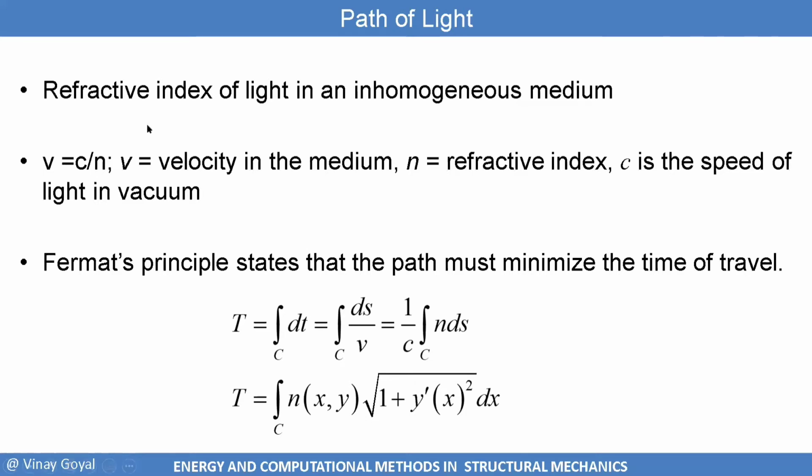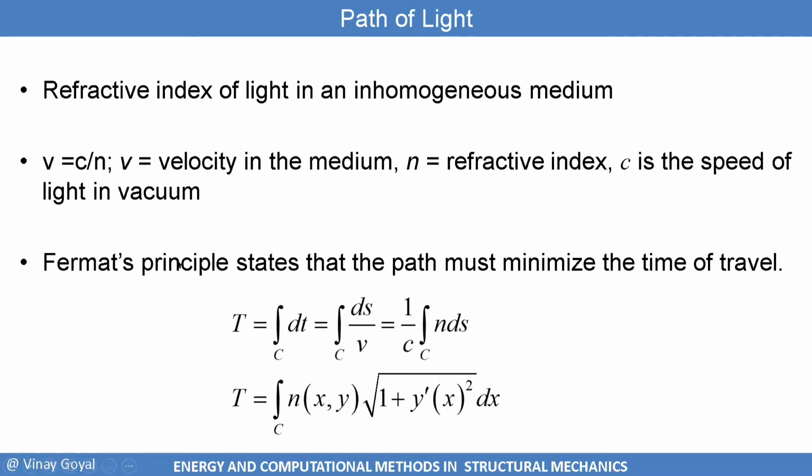Let's take this path of light example, which is basically Fermat's principle. Say you have a refractive index of light in an inhomogeneous medium, and you have this equation that says v equals c over n. v is the velocity in the medium, n is the refractive index, and c is the speed of light in vacuum.